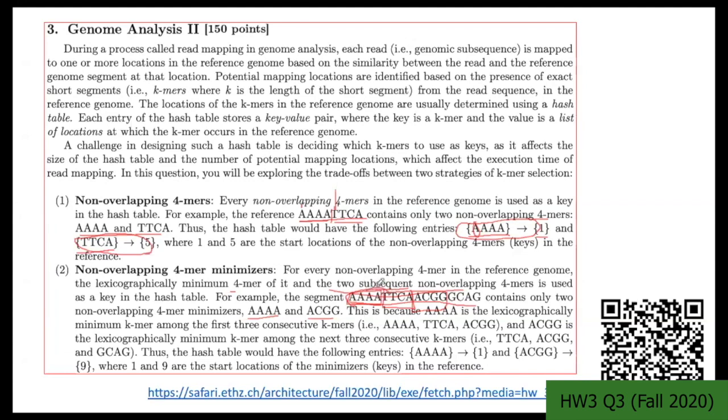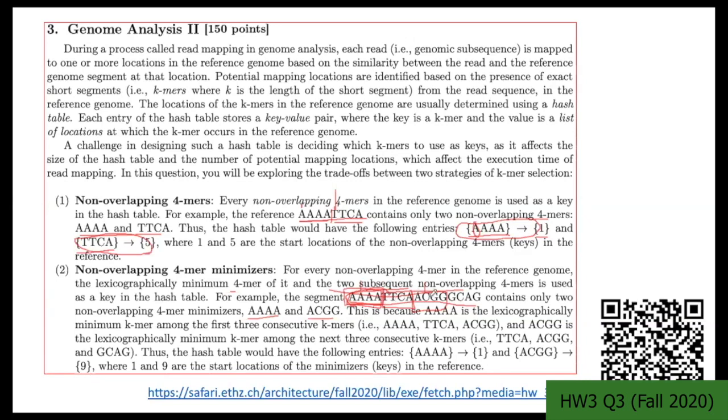When we compare the first to the third, the first character in both of them is equal, so we go to the second character. Here is A and here is C. A is before C in the alphabetical order. So the 4 A's is the one we consider as a minimizer.